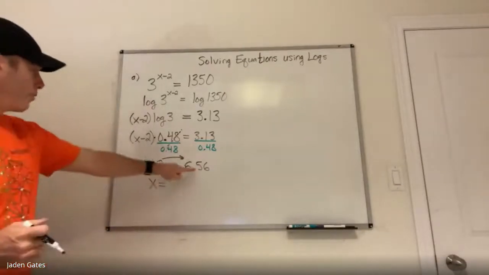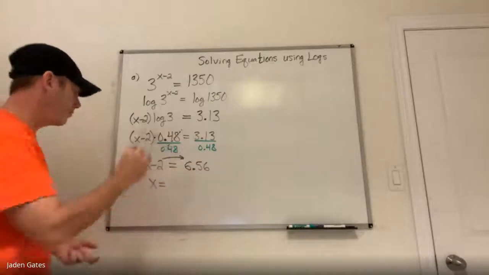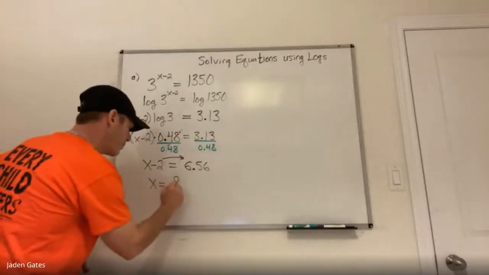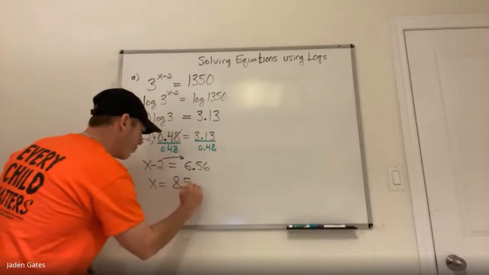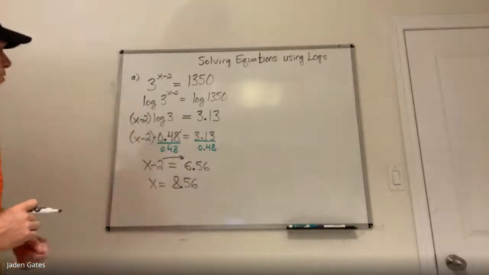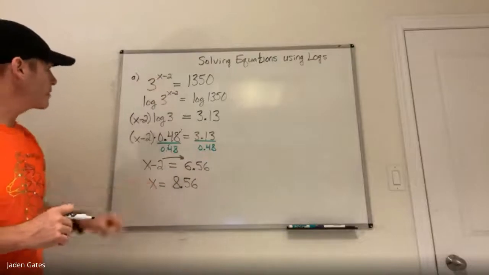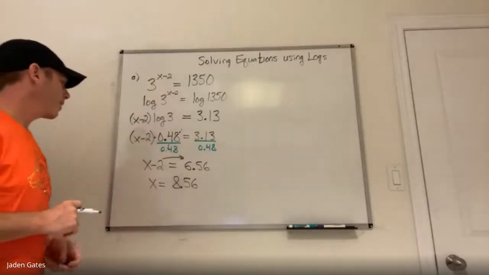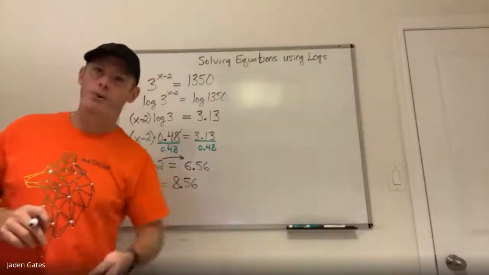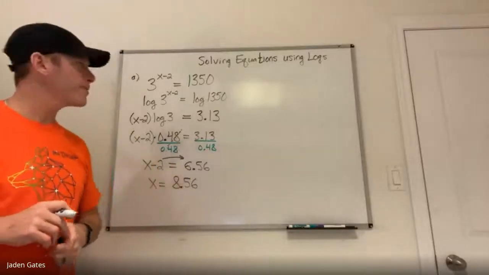Well, 6.56 plus 2, our x value is going to be 8.56. Or sorry, our x value would be 8.56. Looks like our exponent would be 6.56. And the best part about these questions, you can always put it in your calculator and check it out, see if you get the right answer.